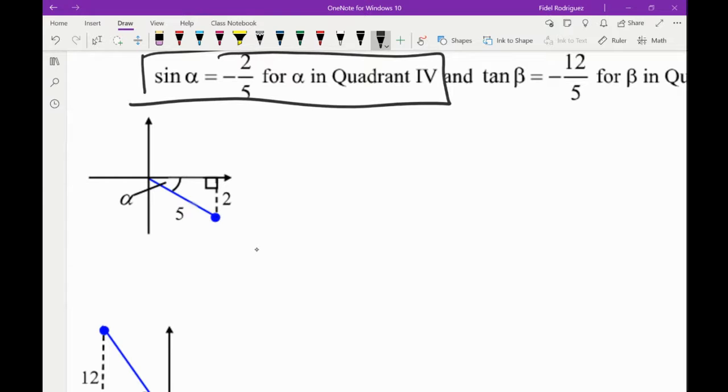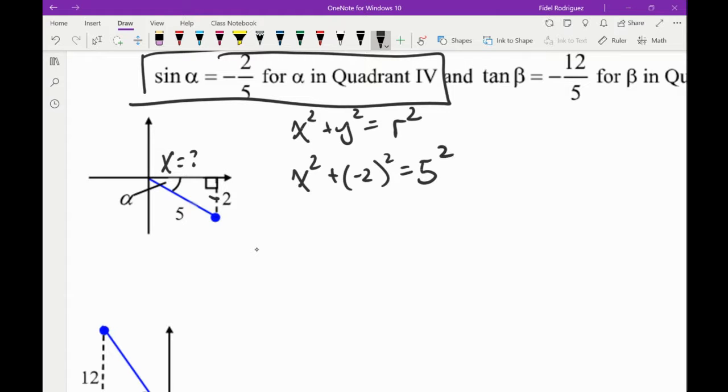So in quadrant 4, I know that my y value is going to be negative, right? And we have our radius, but we don't know what the x value is, right? So remember the way we're going to use our Pythagorean theorem here, we're going to say x squared plus y squared equals r squared. So x squared plus, my y here is actually a negative 2 squared equals my radius, which is 5 squared. What's the negative 2 when you square it anyway?